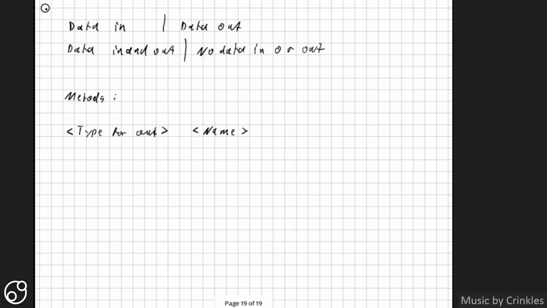Just like variables, the computer needs to know what method we're talking about when we want to use methods, because you can define several methods, of course, not only one. So just like variables, methods have names. And that's followed up by brackets.